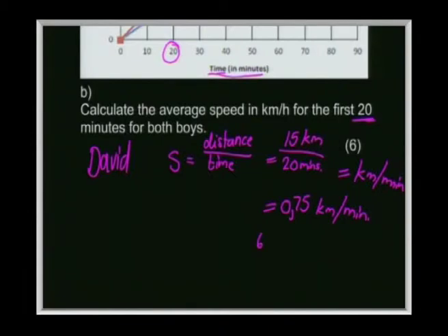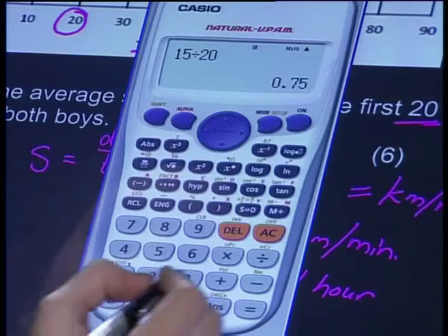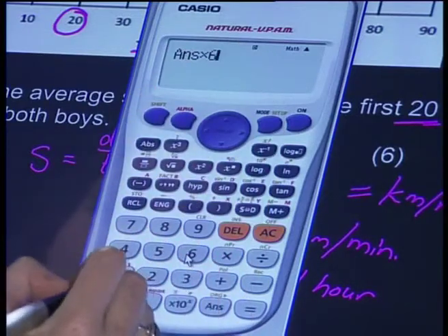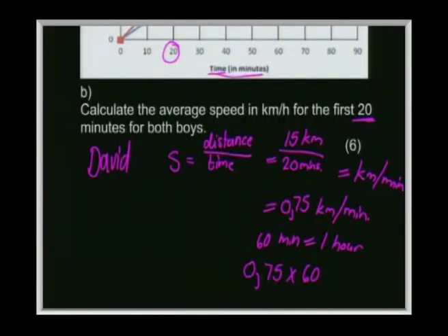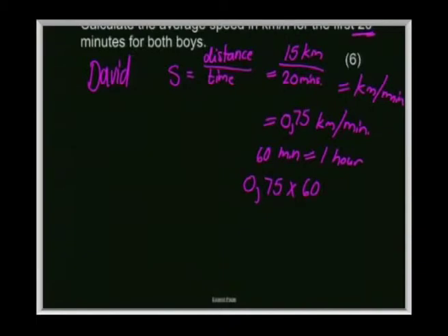And we all know that there are 60 minutes in 1 hour. So to get from minutes to hours, we have to multiply by 60. So we're going to say 0.75 multiplied by 60, and what do we get? 45. So our answer is 45 kilometers, and we can now put it in per hour because we have changed from minutes to hours.